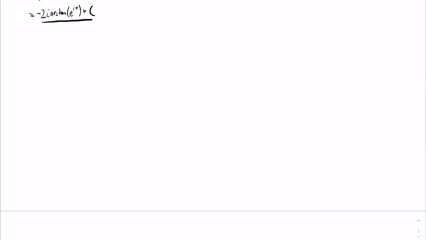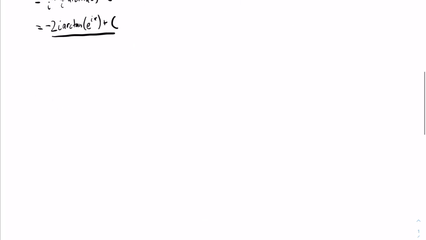So now we have that the integral equals negative 2 times i times arctangent of e to the ix plus c.